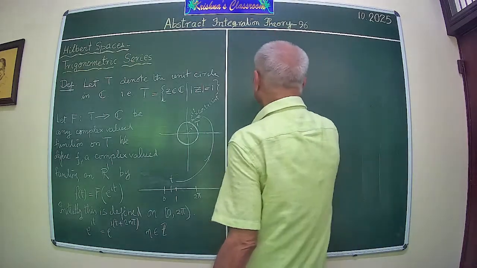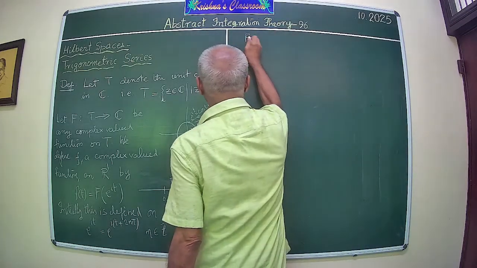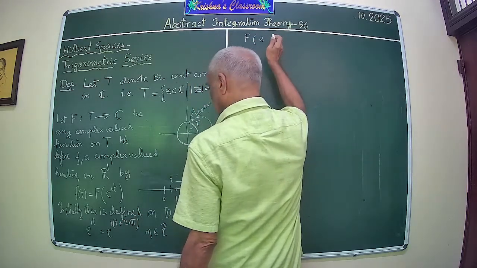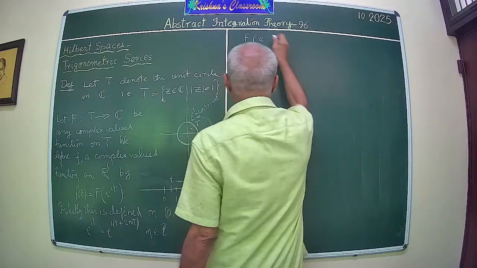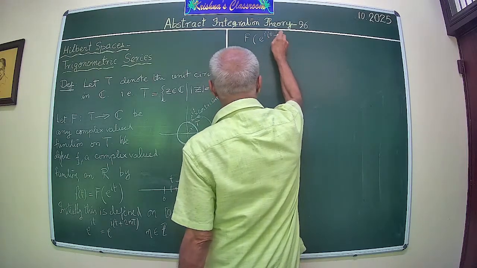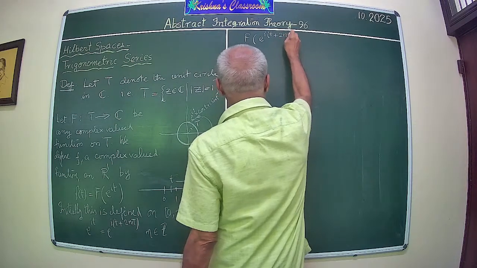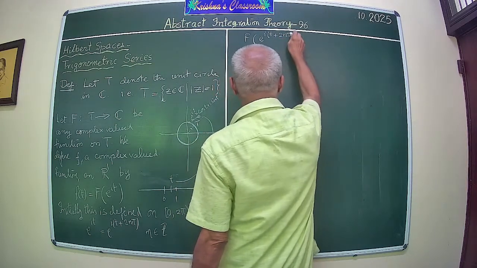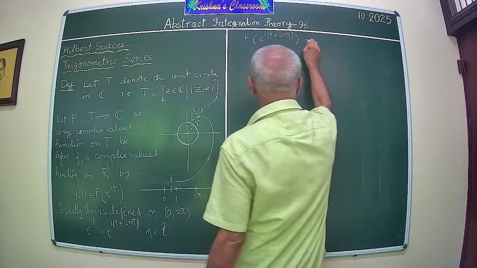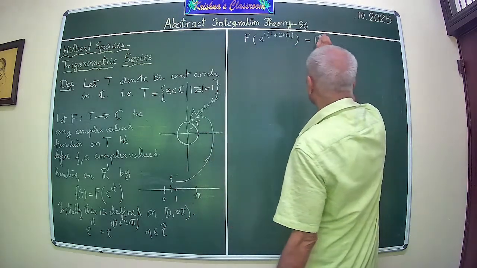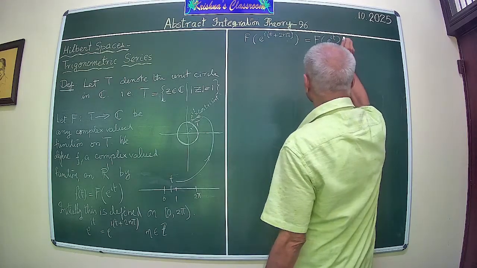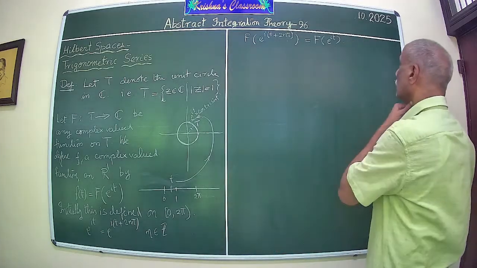Therefore, F of e to the power i times t plus 2n pi equals e to the power it.